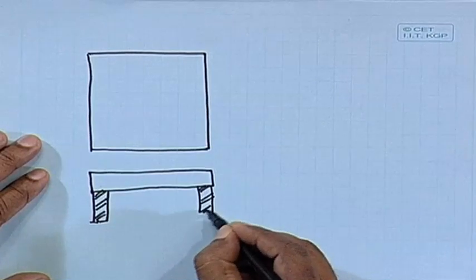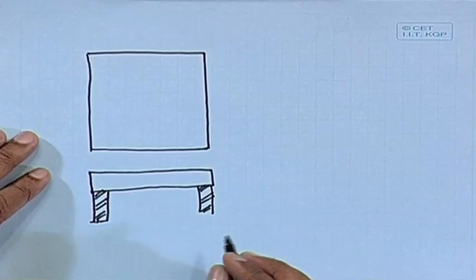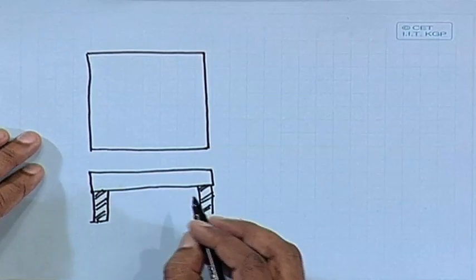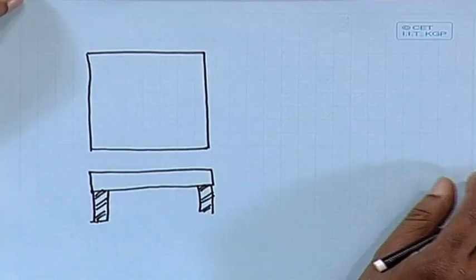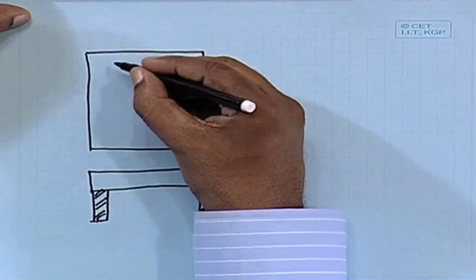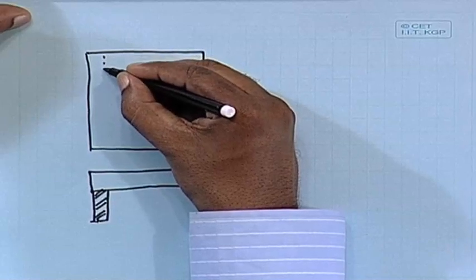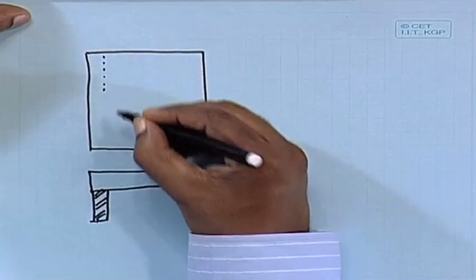This is the symbol of masonry. Our reinforcement, what we shall provide, please look, I think we can keep the dotted line here. This is the support.